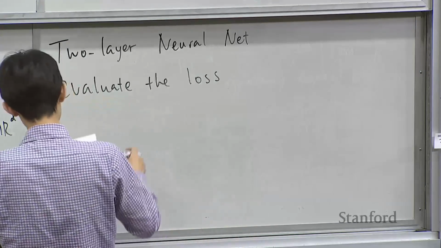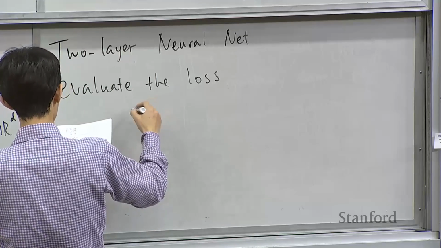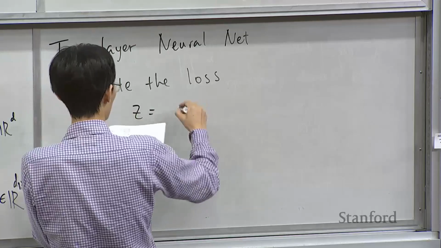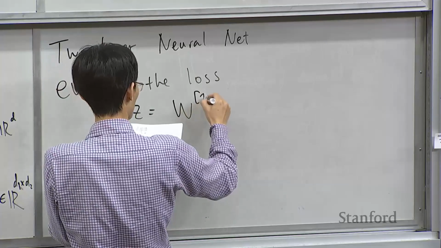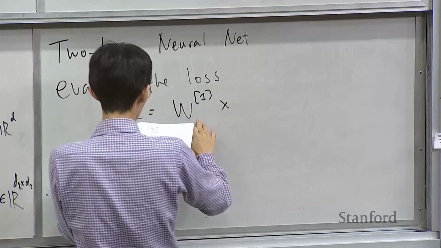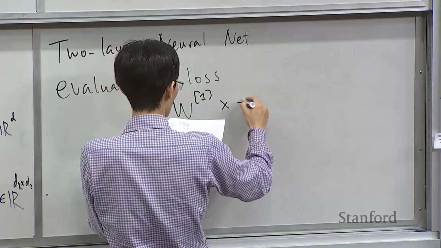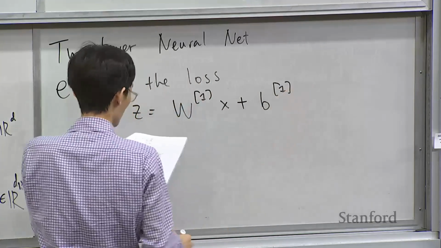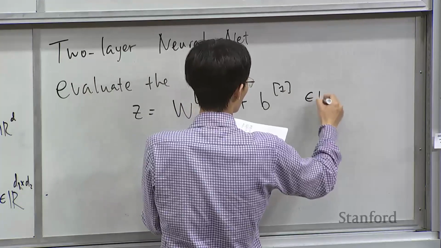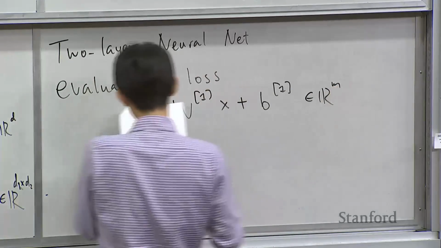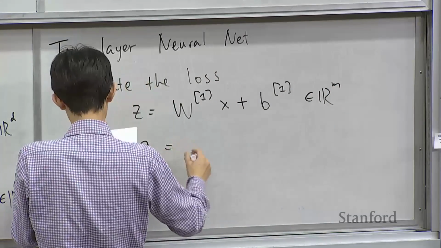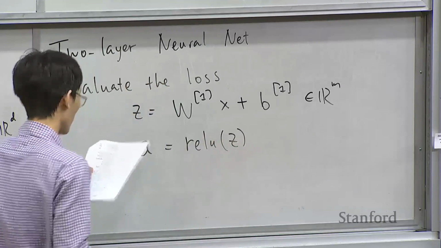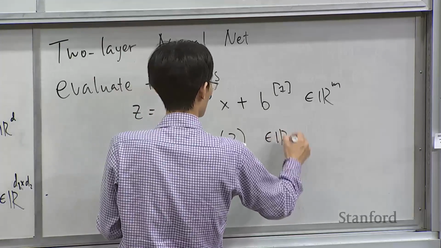So the computation to evaluate a loss function is a sequence of operations. You first compute the so-called intermediate layers: this is the first layer weights times the input data, plus some bias variables, and say this is of some dimension m. Then you apply an entry-wise ReLU, which maintains the same dimension.